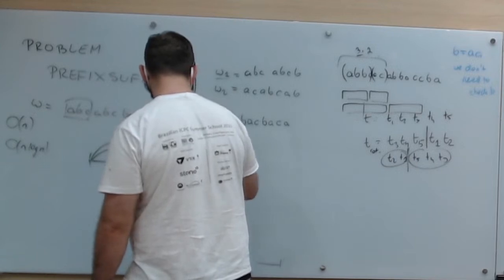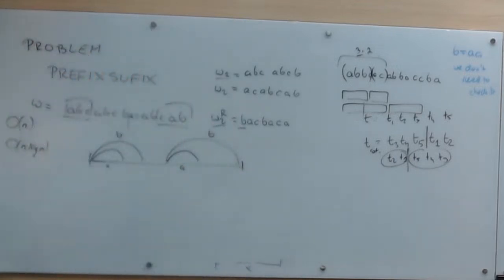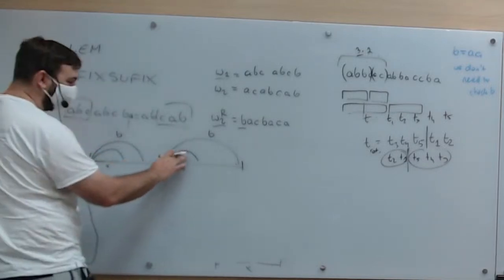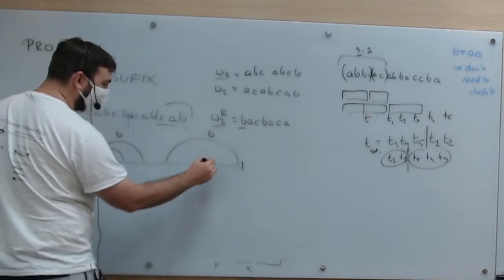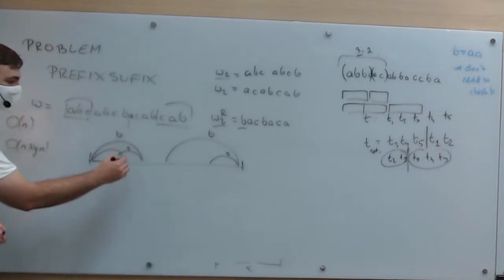No, it would be at the end because it's also B. Oh, yeah, because it's here. Yeah, because this is B and this is B, so A has to be here as well.